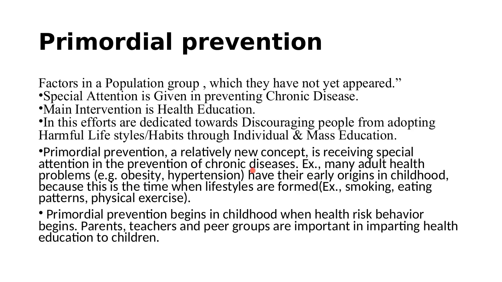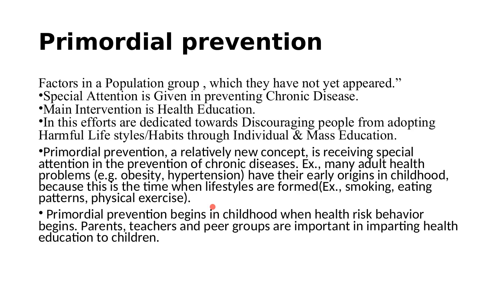So it's a relatively new concept receiving special attention in the prevention of chronic diseases. Example, many adult health problems such as obesity and hypertension have their early origins in childhood, because this is the time when lifestyles are formed, e.g. smoking, eating patterns, physical exercise.